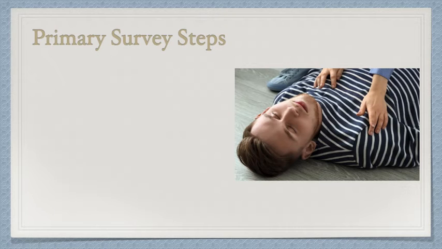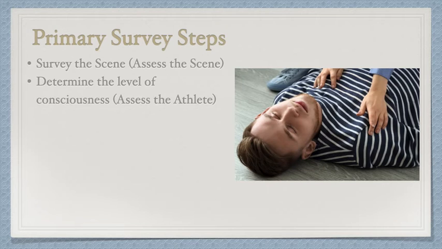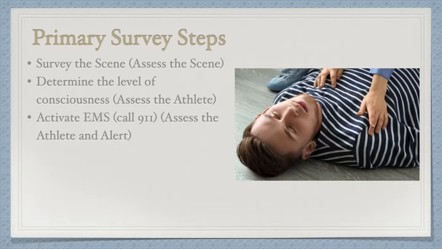So we have the primary survey steps again. We survey the scene. This is the assess the scene step in our textbook. Determine the level of consciousness. Again, that's the assess the athlete step in our book. Activate EMS or call 911. This actually falls into two different steps from our book: assess the athlete and alert.